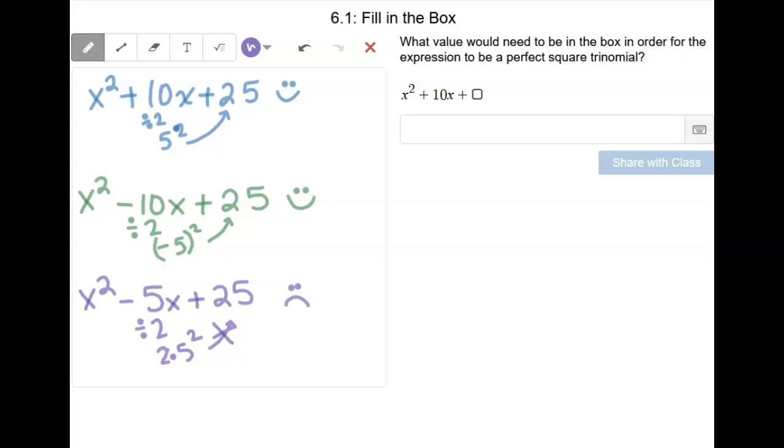If I wanted to rewrite this as a perfect square binomial, I take the x, because x squared is x squared, and then I divide this number by 2, which is positive 5. So this would be the same thing as x plus 5 squared.